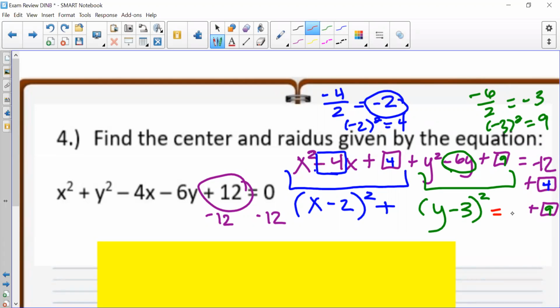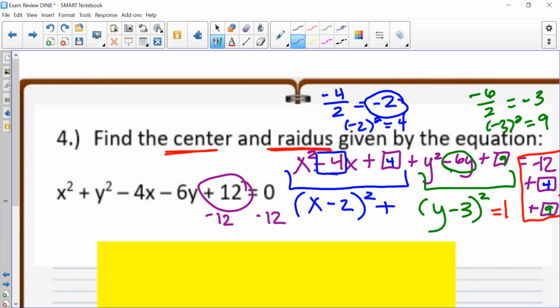On the right-hand side, you just need to actually do the math here, like add all these up. So -12 plus 4 plus 9 is +1. Okay. Now, they didn't actually ask me for this equation. What they wanted was the center and the radius, but I had to do this work to get down to the center and the radius.